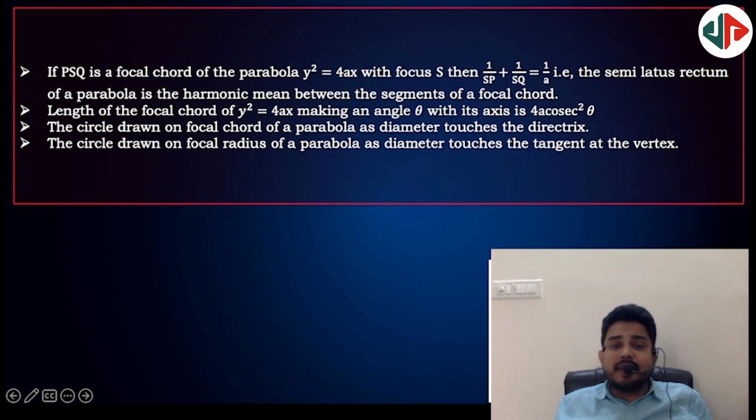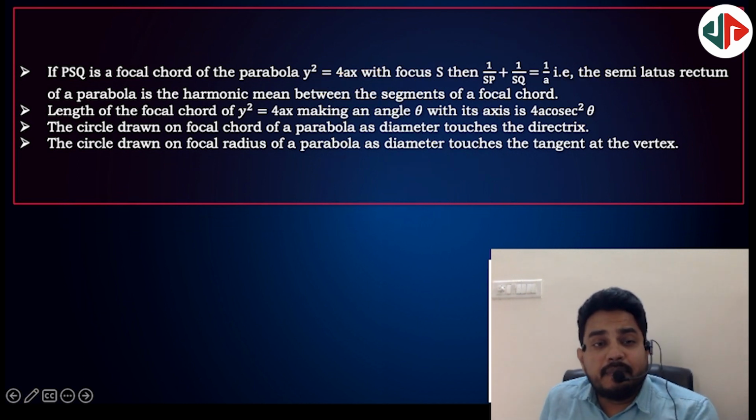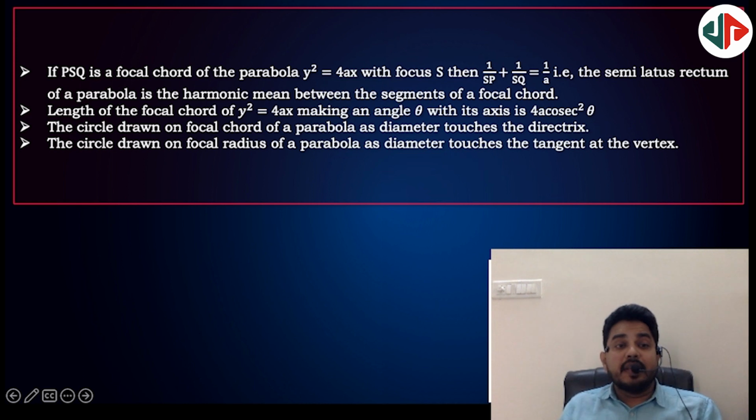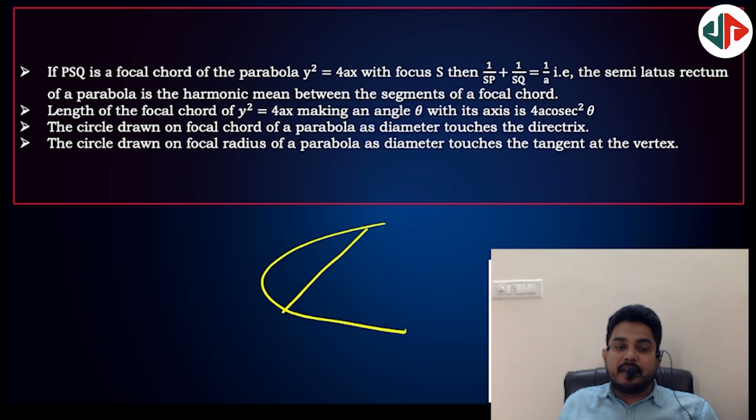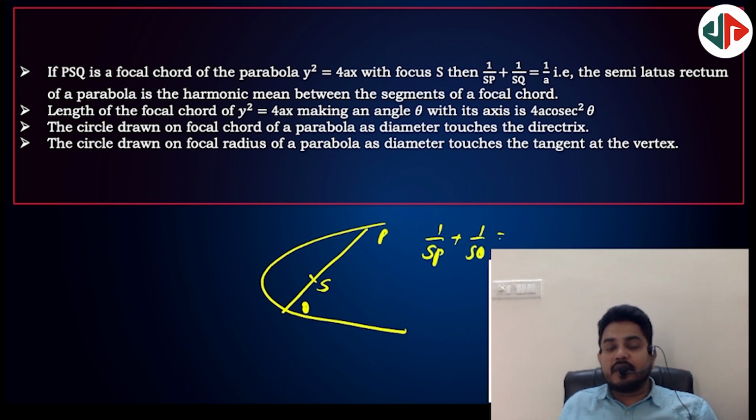So these points are very important. You have to read more effectively, carefully. If SPQ is a focal chord, what does that mean? Your S is there, your P is there, your Q is there. 1 by SP plus 1 by SQ is equal to 2 by 2A.